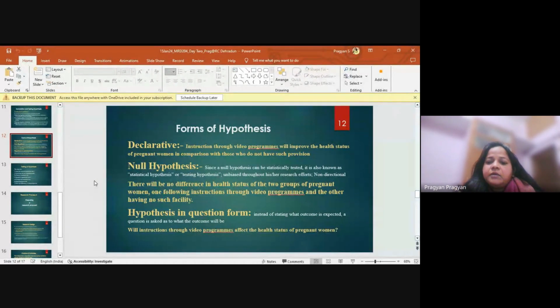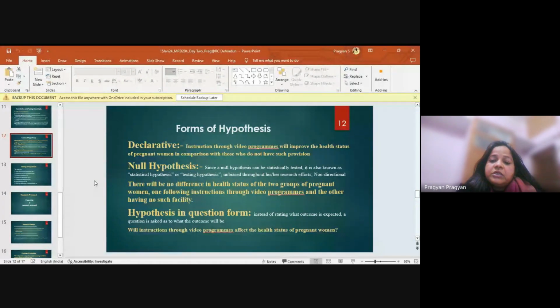Or in my research area's case, there has to be a direct relationship between the reproductive health of rural women and their higher education status.